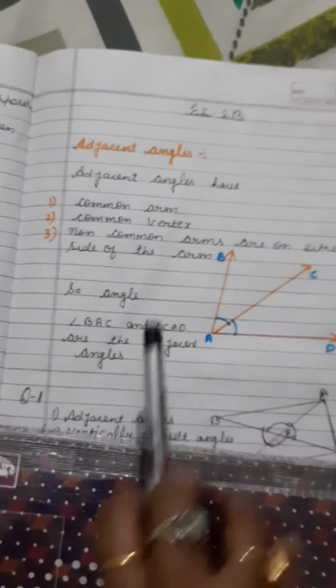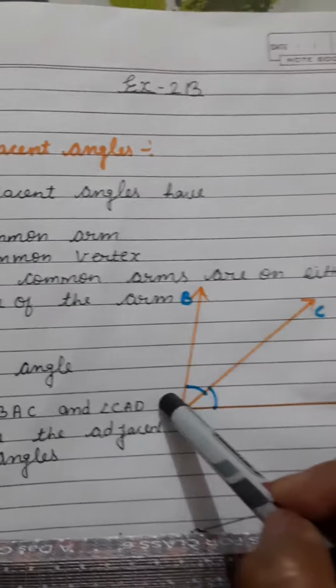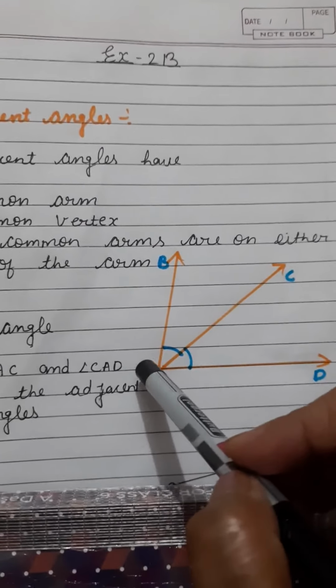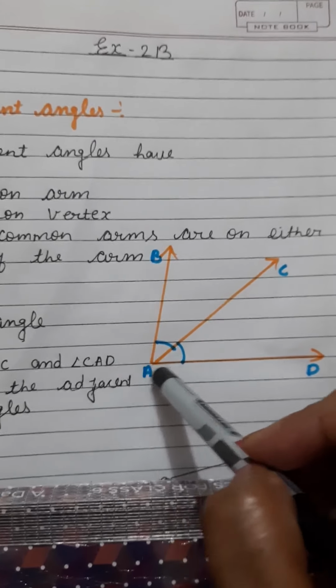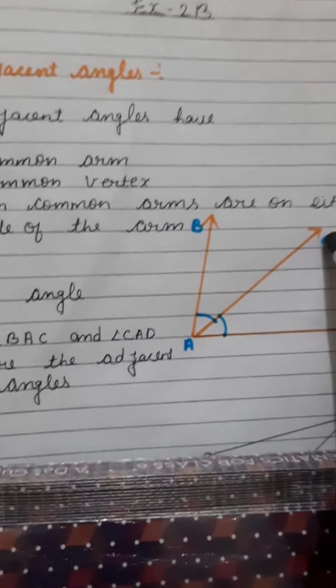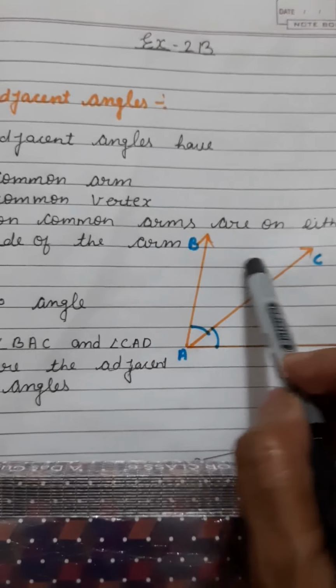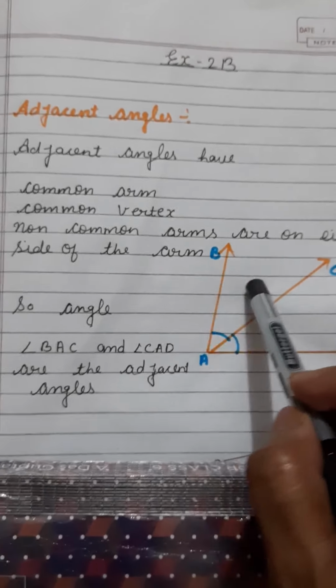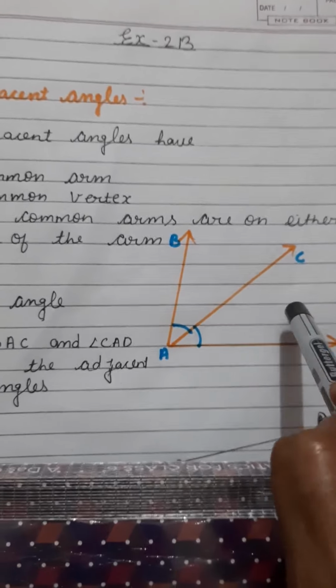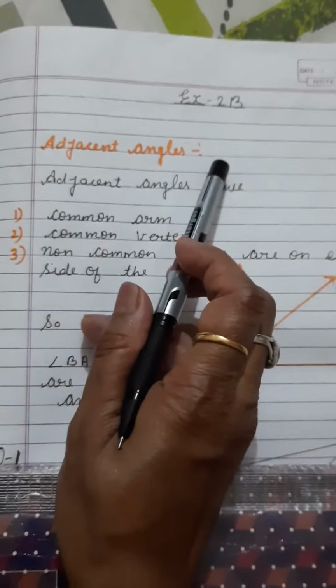Okay. So one more thing you are observing, these angle BAC and angle DAC, these two arms AD and AB, they are opposite to each other. So these are the conditions of adjacent angles.